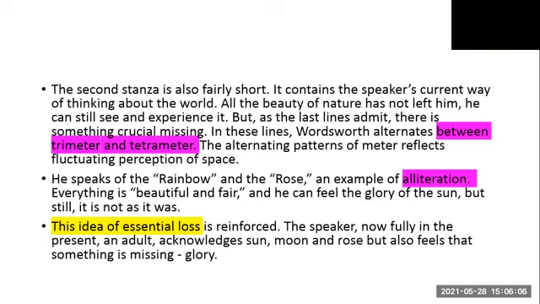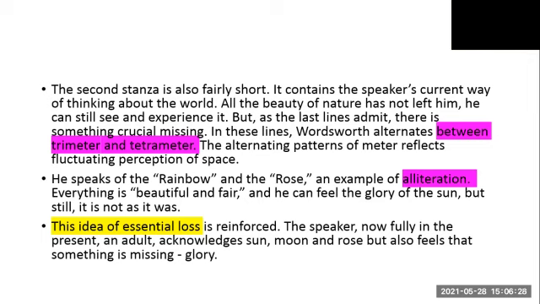There is something missing. Now, in these lines, Wordsworth alternates, moves between trimeter and tetrameter. We're talking here about the rhythm. And we will explain trimeter and tetrameter.